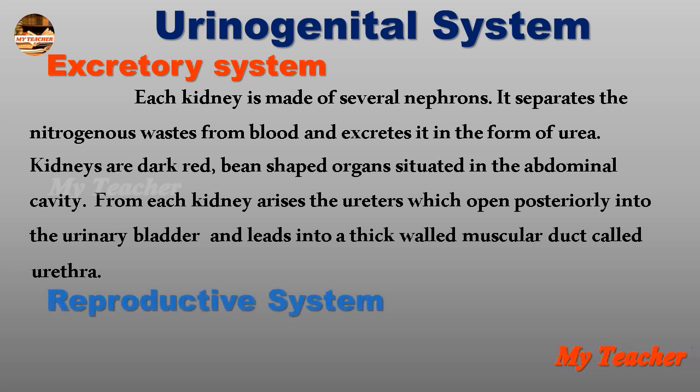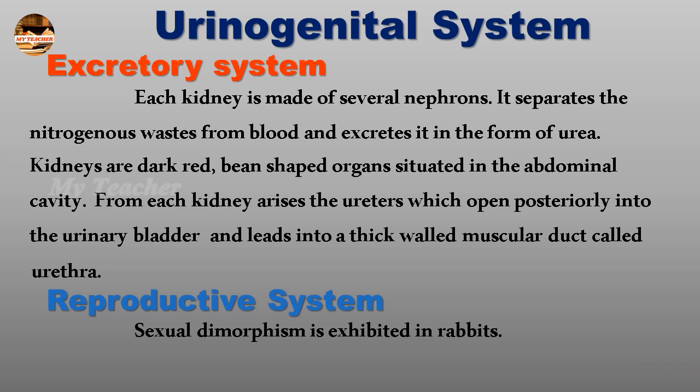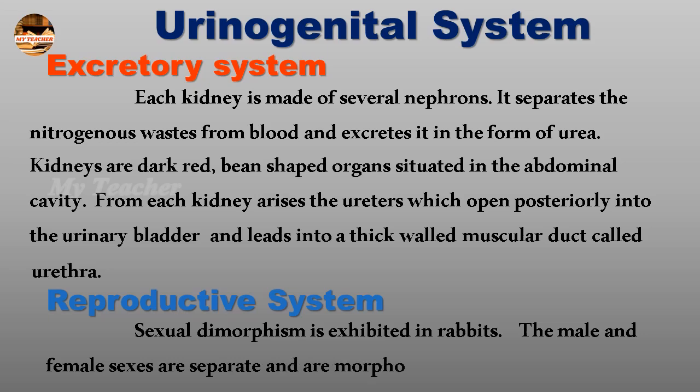Reproductive system. Sexual dimorphism is exhibited in rabbit. What does it mean? It shows there are male and female rabbits. The male and female sexes are separate and are morphologically different.